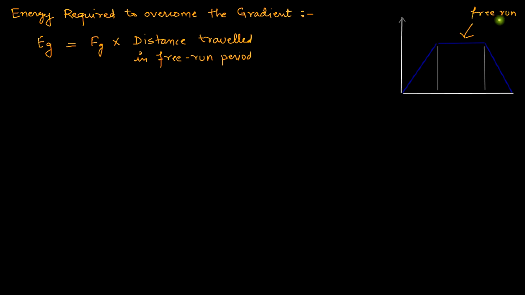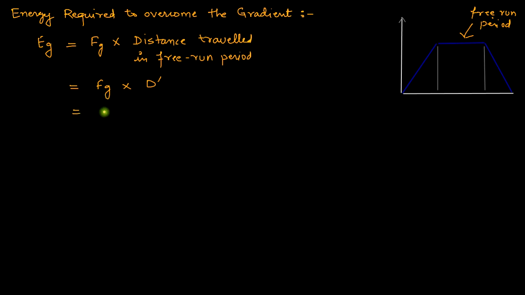Free run period. And let me consider this distance is d dash. So this will be equal to Fg times distance traveled in free run, d dash. So Fg d dash.